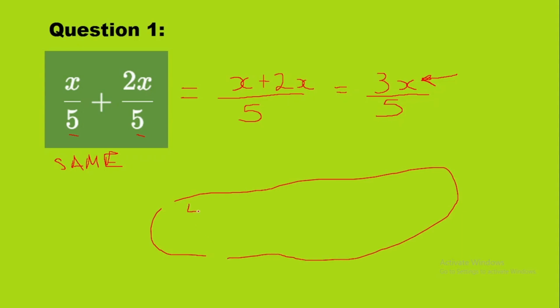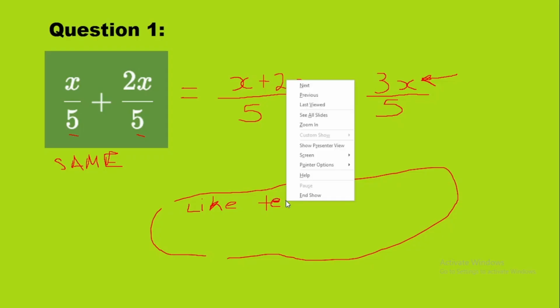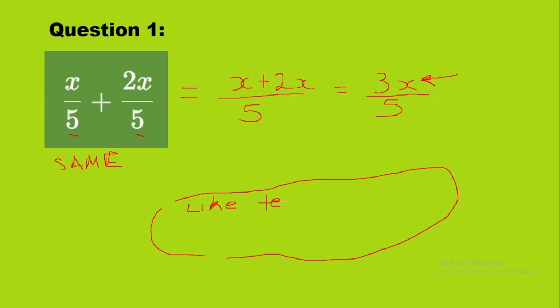Like terms are terms that are similar or can be added or subtracted, so they have the same term. Let me show you an example quickly of what like terms are, so you understand what I mean.